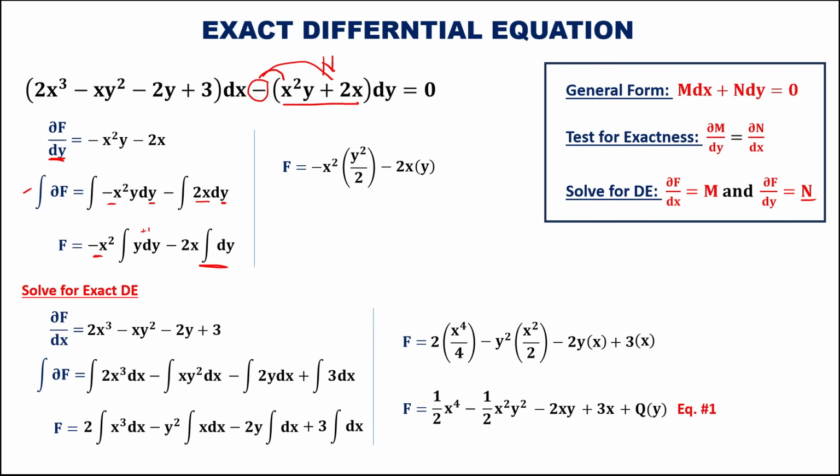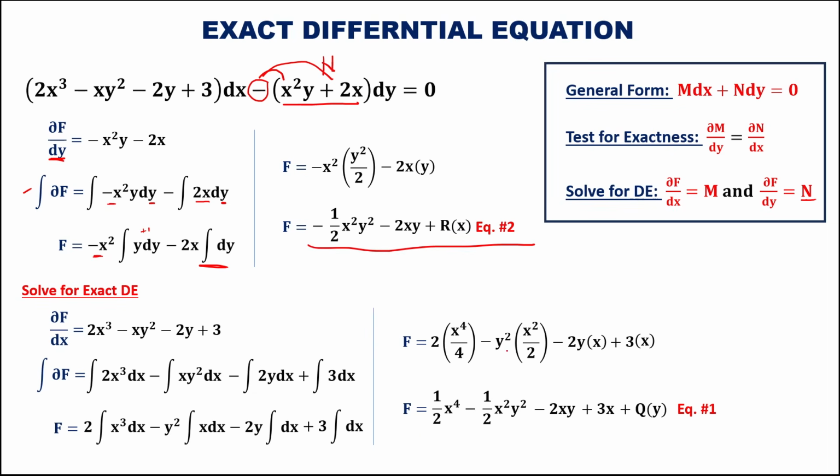So therefore, f equals negative 1 half x squared y squared, then minus 2xy. Then we need to add rx for n, and this is now the second equation.